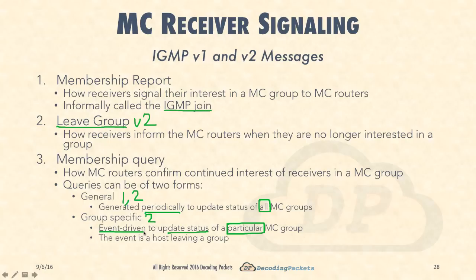It's not periodic. The event that drives this is a host sending a leave group message. Think about it this way: when a host sends a leave group message, what the router is confirming with a group-specific query is all of the other receivers that might be listening to that group or might have registered up to the source.